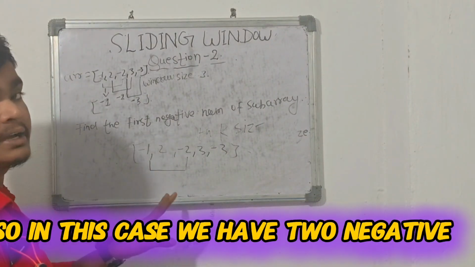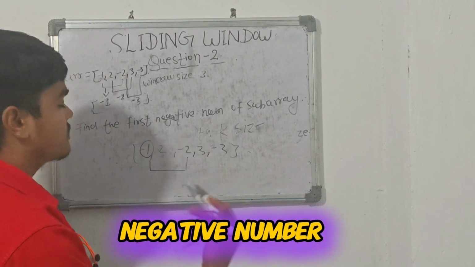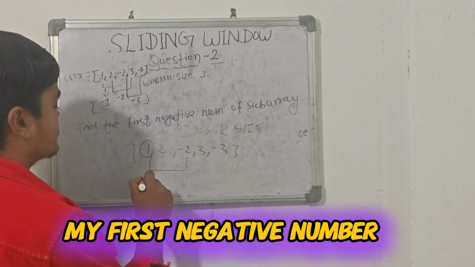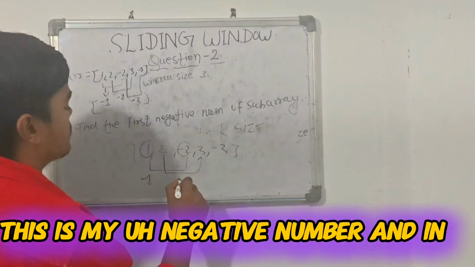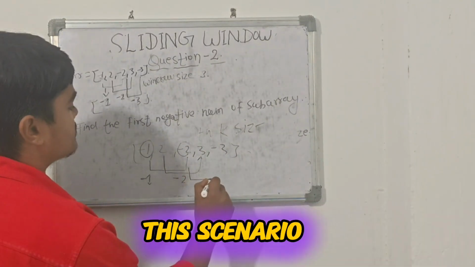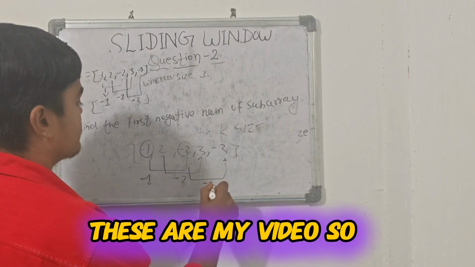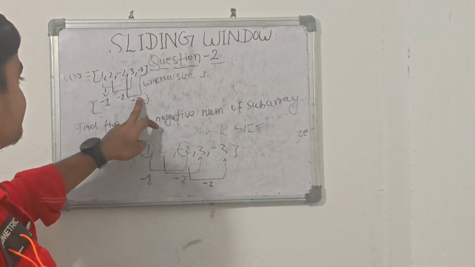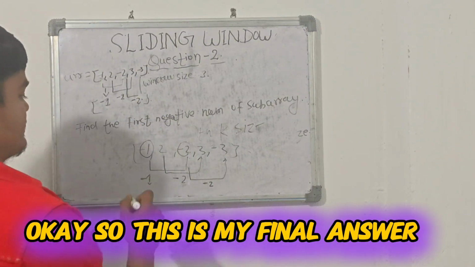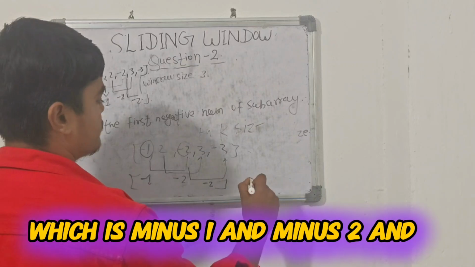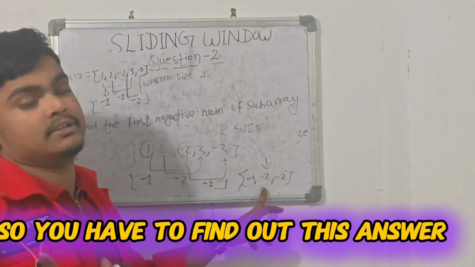In this case we have two negative numbers, but the question asks for the first negative number, so I will find that. My final answer is -1, -1, -2, -2. So we have to find this answer.